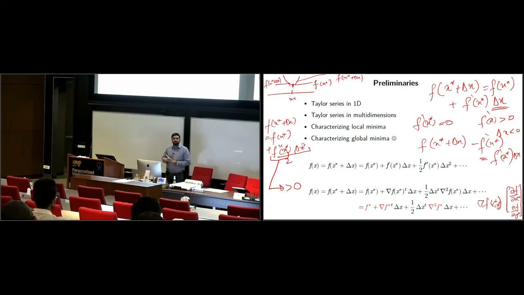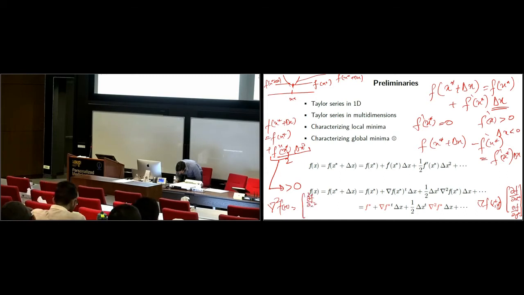What is a Hessian matrix then? Anybody want to guess? It's a matrix of second derivatives. So the Hessian matrix, which here we have written like this, is the second derivative with respect to x square, the second derivative with respect to x and y, the second derivative with respect to x and y, and the second derivative with respect to y square.